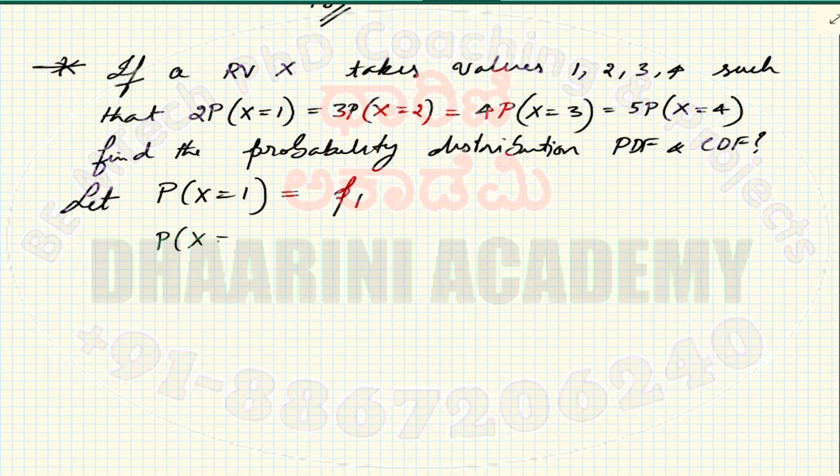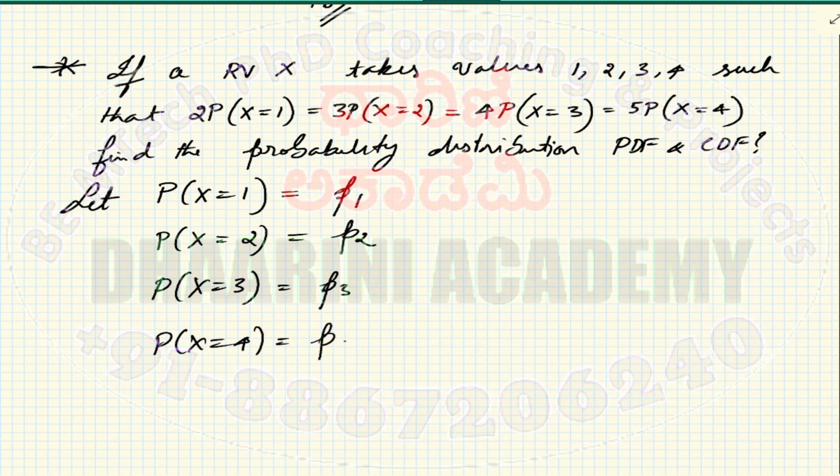The probability that X takes a value equal to 2, we'll call p2. The probability that X takes a value 3 equals p3. And X equal to 4 equals p4.